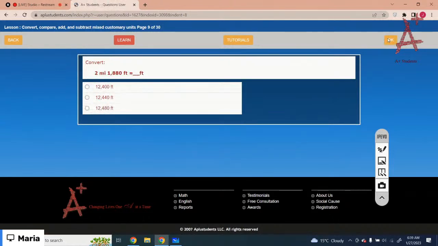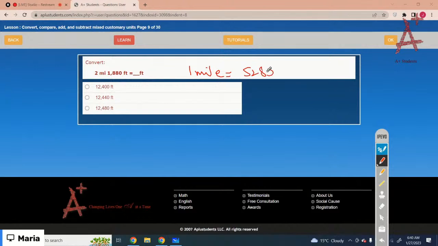Okay, the next one is 2 miles and 1,880 feet. You have to convert from miles to feet. 1 mile equals 5,280 feet.